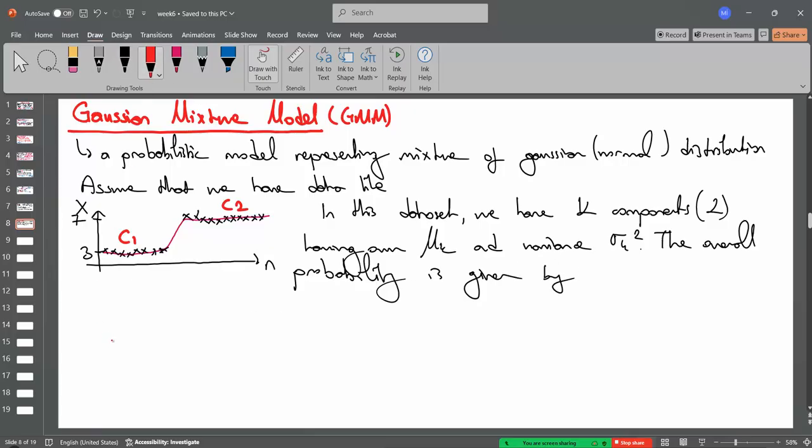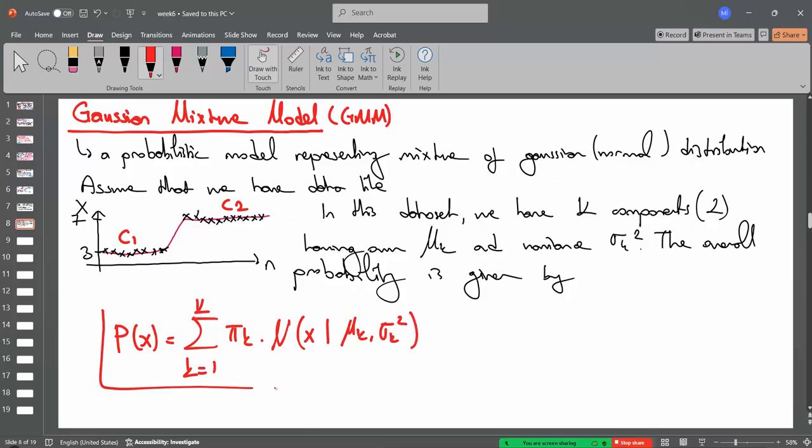p(x) must be equal to, if we have two classes, the sum over k of pk times the normal distribution N(x | mu k, sigma k square).